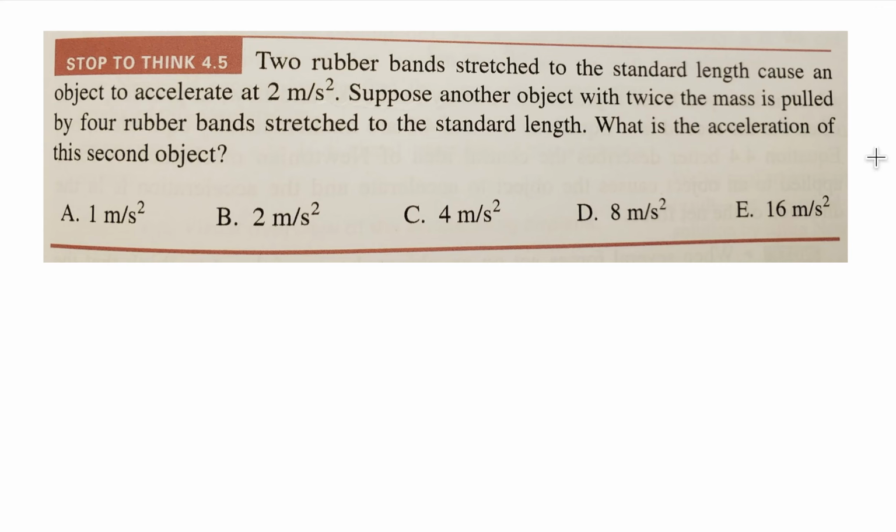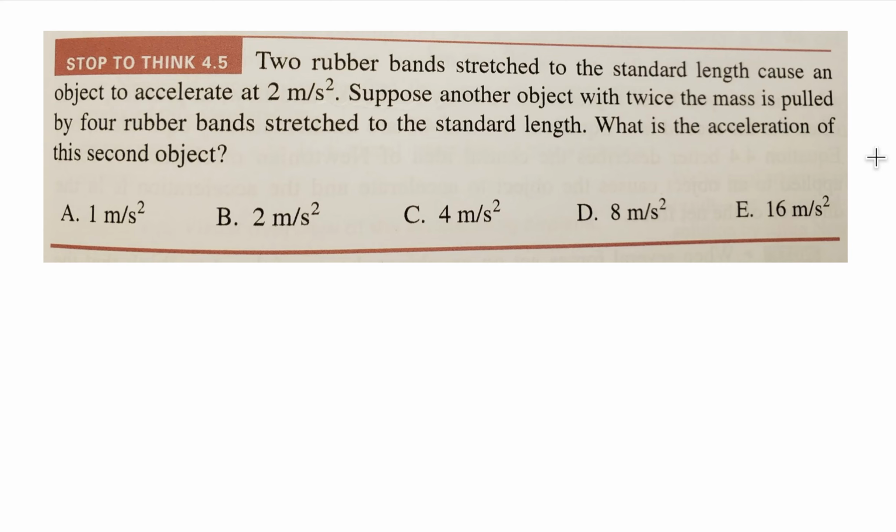So how do we figure this out is the question. We are pulling with a force. The force gives us this acceleration of 2 meters per second squared. We have twice the mass on the other object, but we doubled the number of rubber bands. That doubling of the number of rubber bands actually doubles the force.